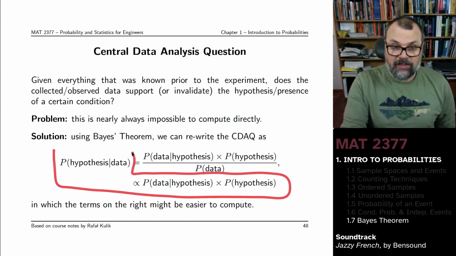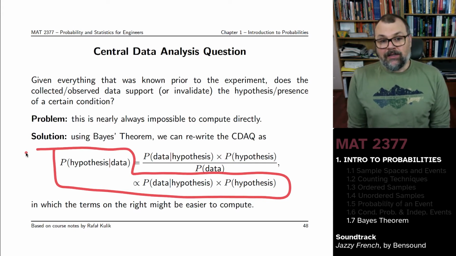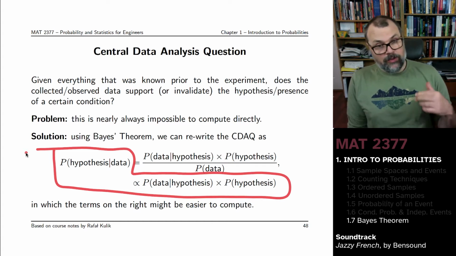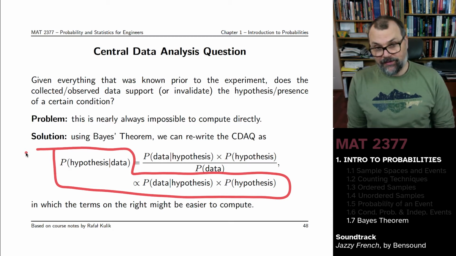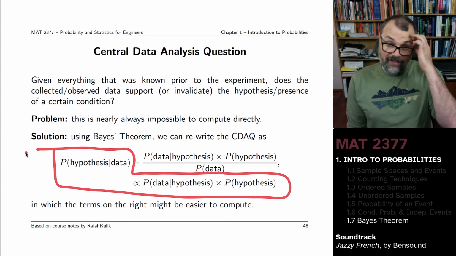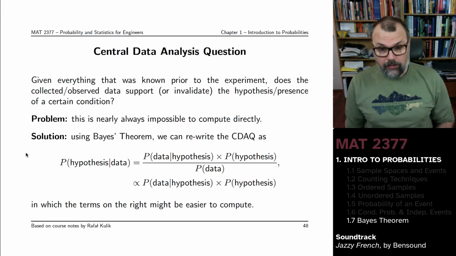The probability that the hypothesis is true given the data that you observed is proportional to the probability that you would observe the data given the hypothesis, times the probability that the hypothesis is true. And your hope is that this combination of terms is easier to compute.